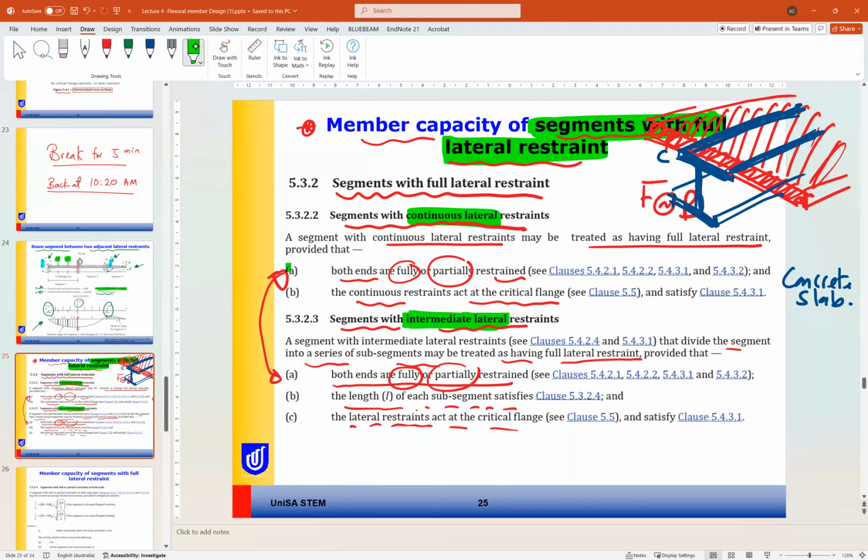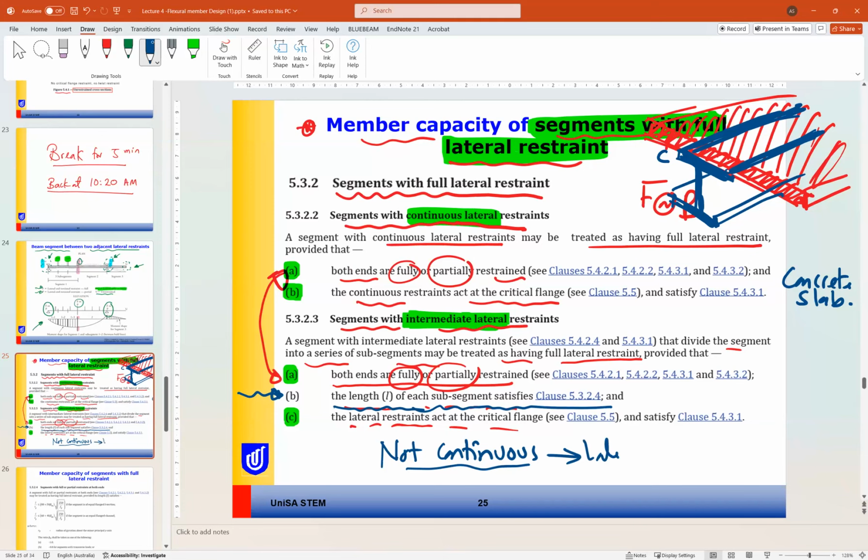So these two are here, but we have another case if the length of the subsegment satisfies the next slide. So in this case, we don't have continuous lateral restraint.